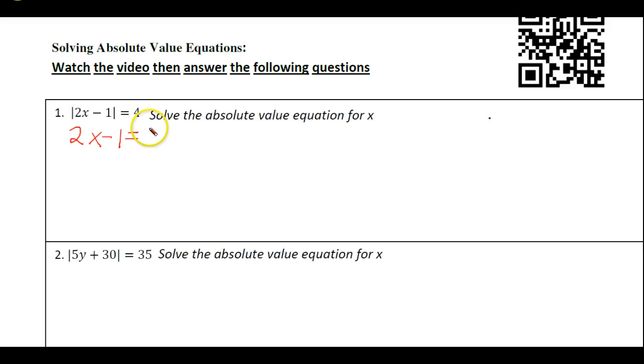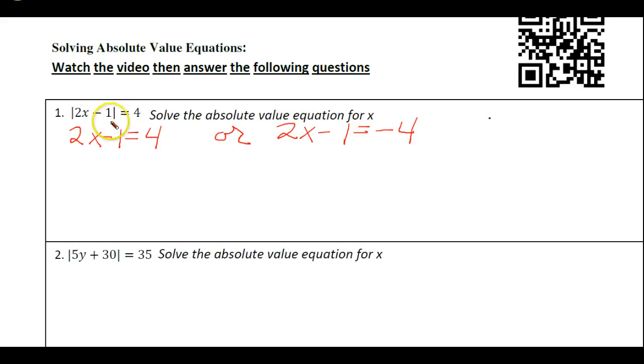And then write the word or. Now, rewrite the absolute part here without the absolute signs. But now instead of saying a positive 4, we say it could have equaled a negative 4, because the absolute value indicates it could have been a negative value as well.